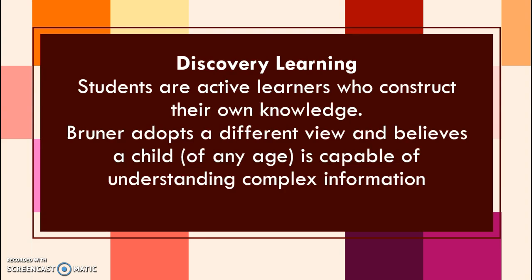The role of the teacher should not be to teach information by rote learning, but instead to facilitate the learning process. This means that a good teacher will design lessons that help students discover the relationship between bits of information. To do this, a teacher must give students the information they need, but without organizing it for them. The use of spiral curriculum can aid the process of discovery learning.